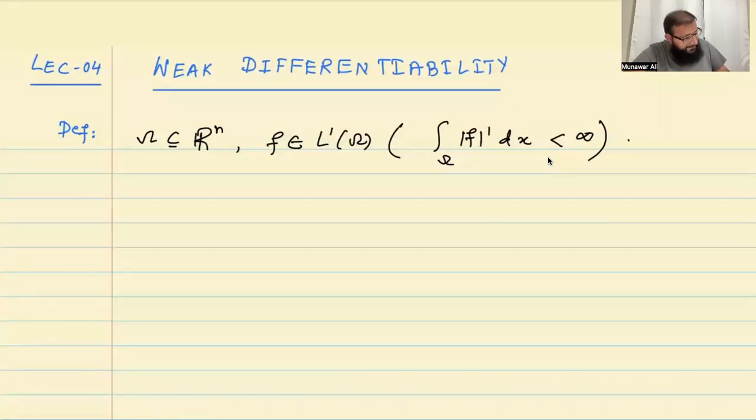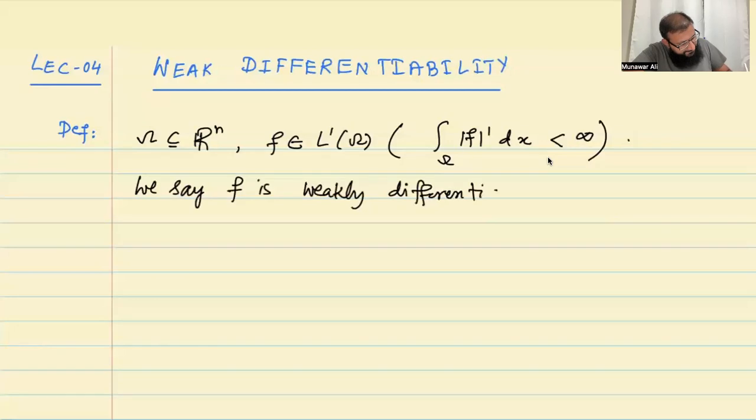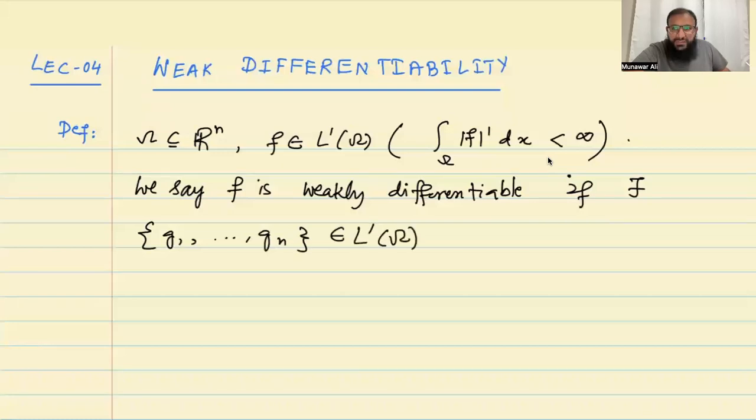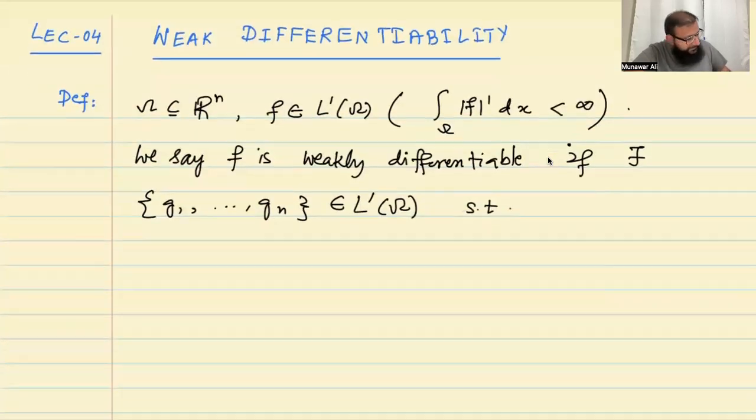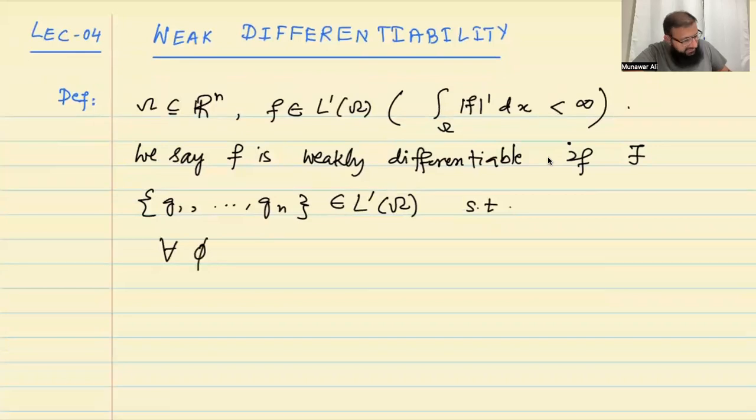We say f is weakly differentiable, that is, the weak derivative of f exists, if there exists a sequence, let's say g1 up to gn, of functions which are also in L1, such that if I take any phi, which is a C infinity function with compact support.